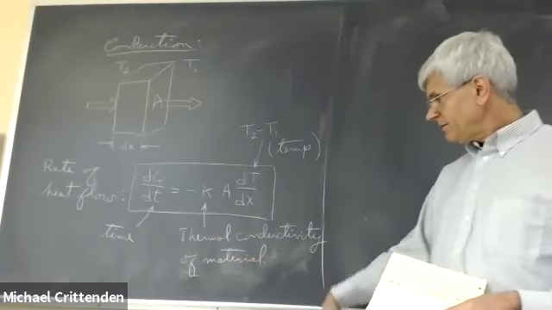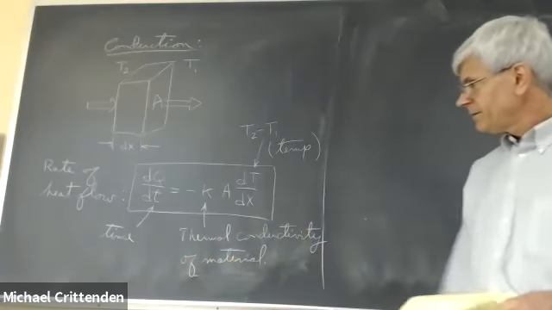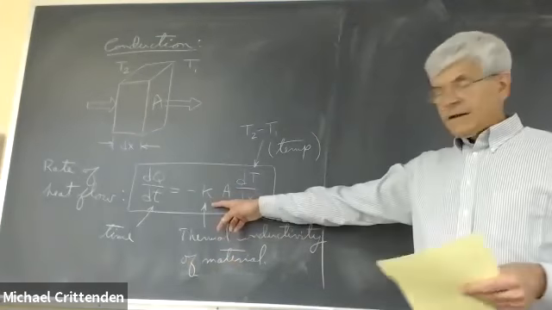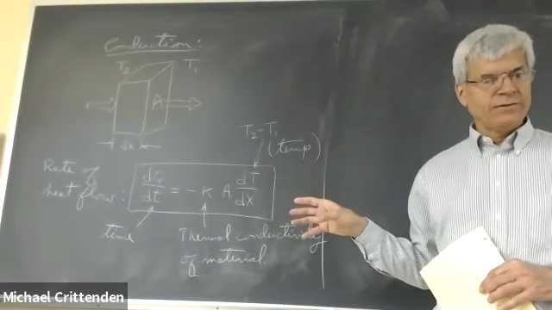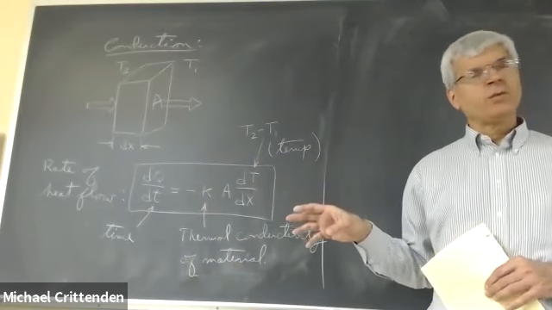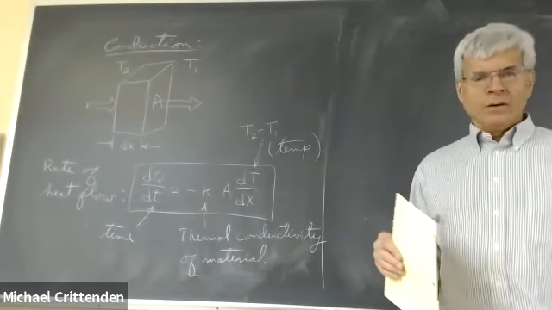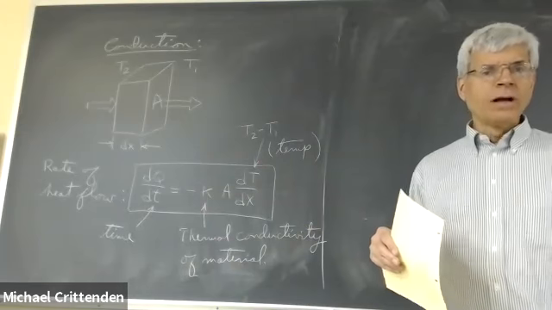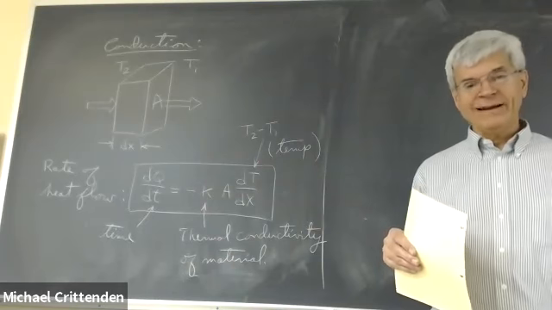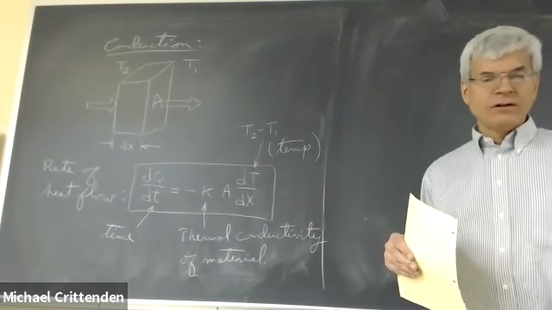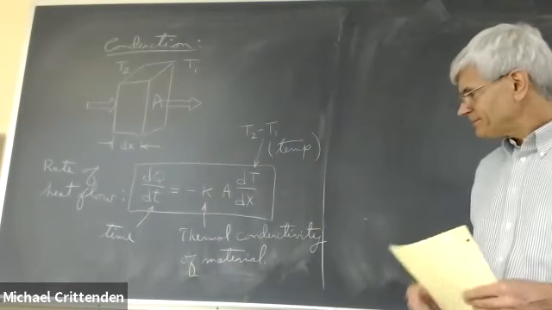Thermal conductivity of the material. K, and this one is not tabulated in your reference handout because it's one of these things where, you know, we're going to need that number for one homework problem in the whole course. Is it really worth the space in the handout? I'll just include the number in the question.